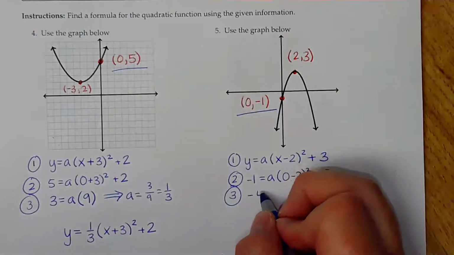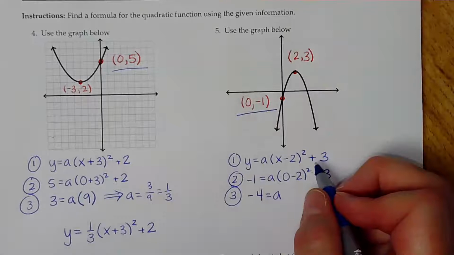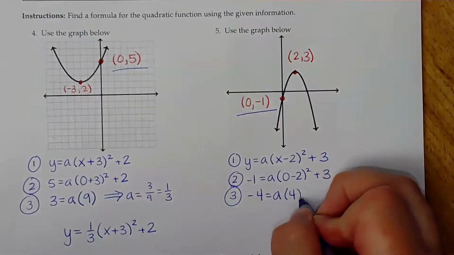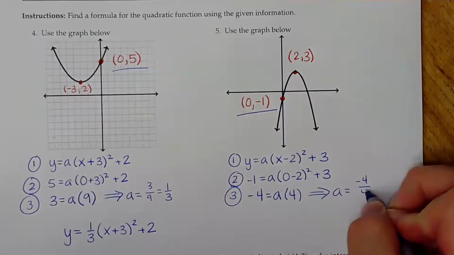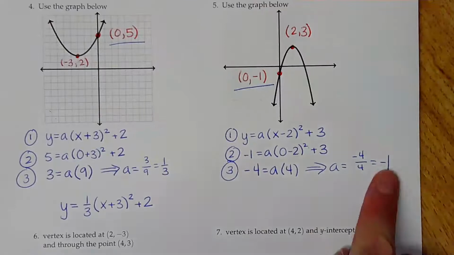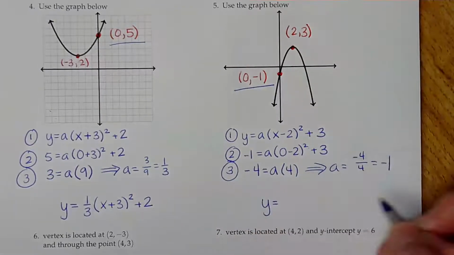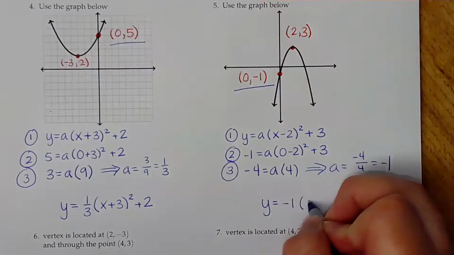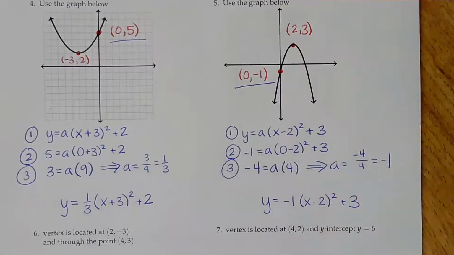So I have -4 = a times, and then this is (-2)^2, so that'll be 4. So a is -4 over 4, which is -1. And then all I need to do is put this back into what I did in step 1. So y = -1(x - 2)^2 + 3.